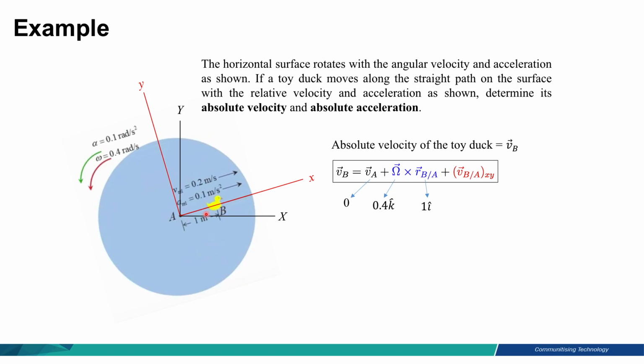In this case, v rel, the velocity of the duck as observed from point A, is 0.2i because it is pointing to the right. So when we calculate everything, we will get v B equals 0.4k cross 1i plus 0.2i. And we get 0.4j plus 0.2i. We rearrange this. Therefore, we have the velocity of the toy duck v B equals 0.2i plus 0.4j meter per second.